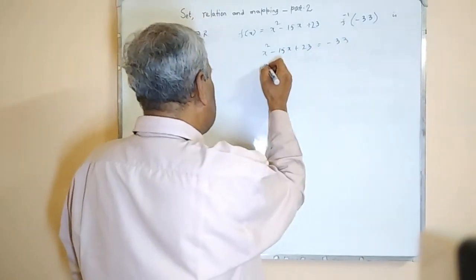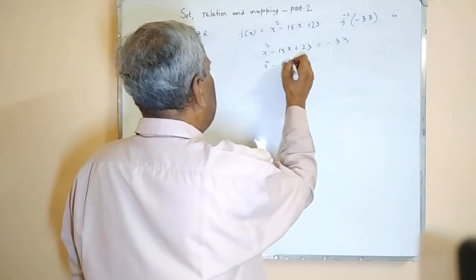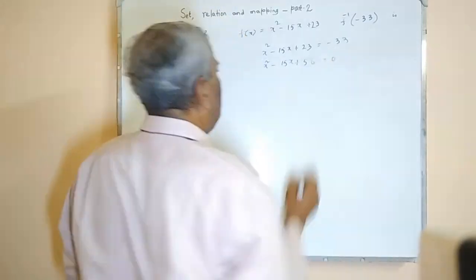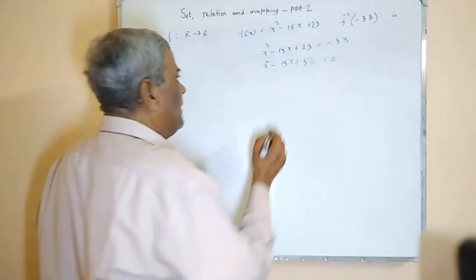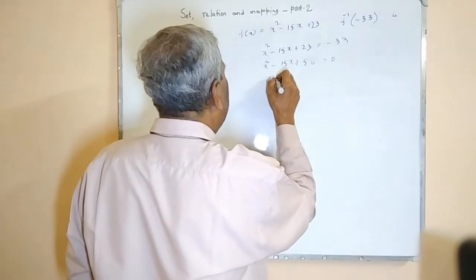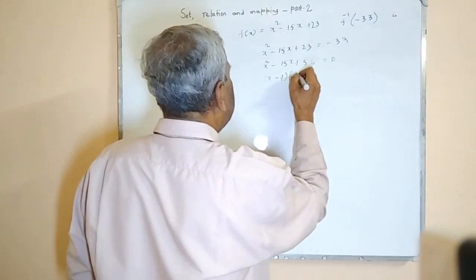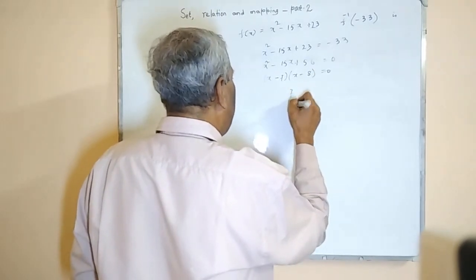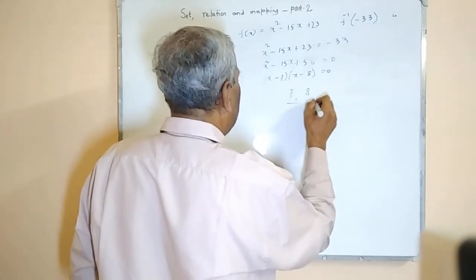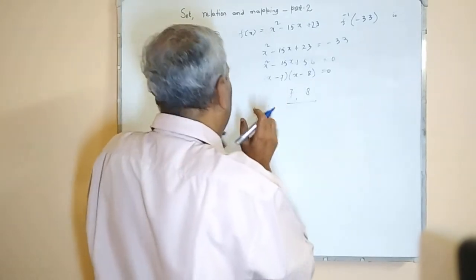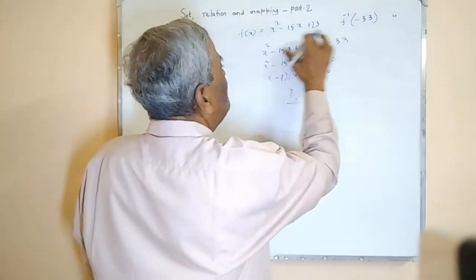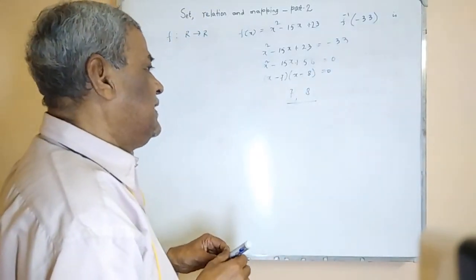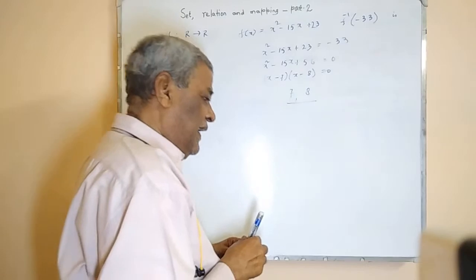So it is x² - 15x + 56 = 0. Very easily we can factorize them. It is (x - 7)(x - 8) = 0. So x = 7 or x = 8. For x equal to 7 or 8, its inverse function will give the value -33. So the option is 7, 8.